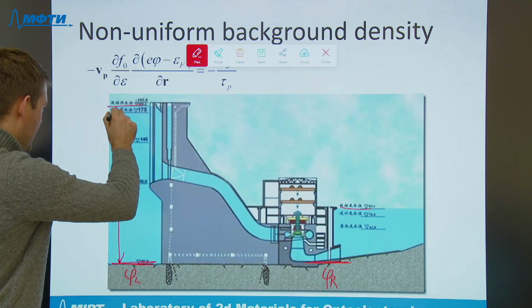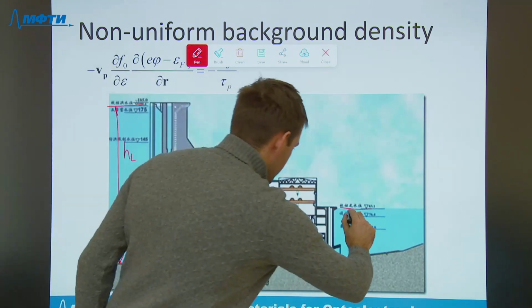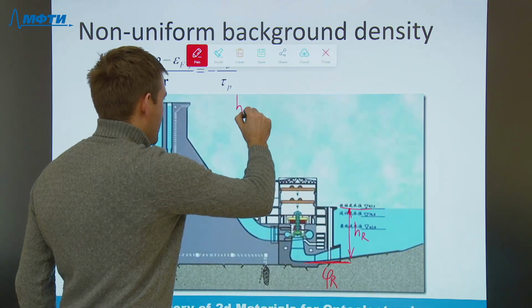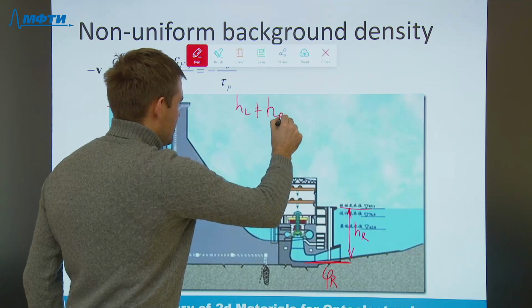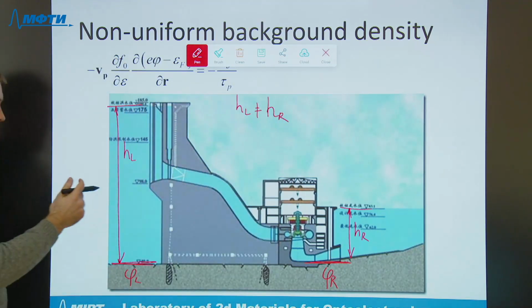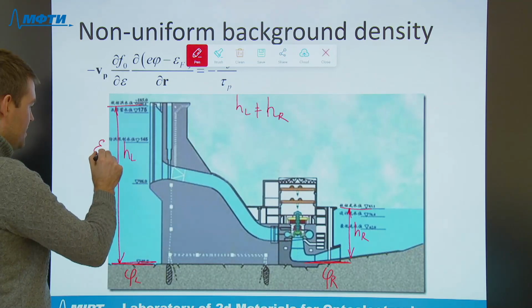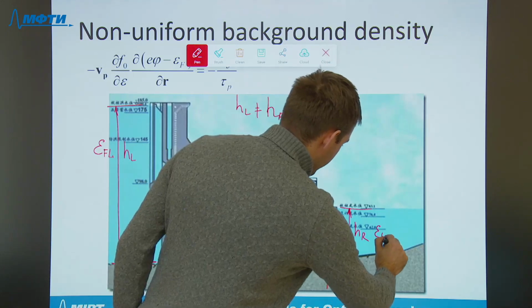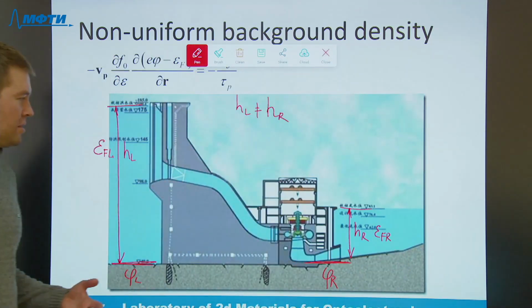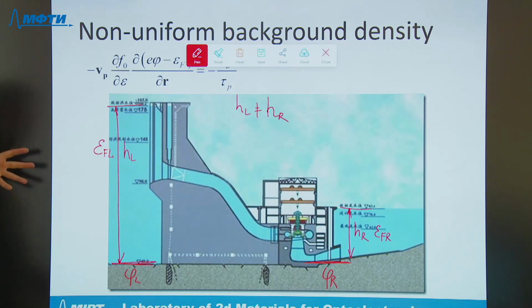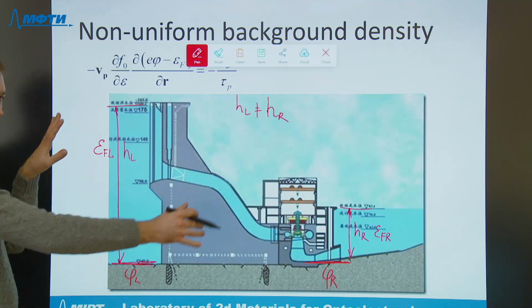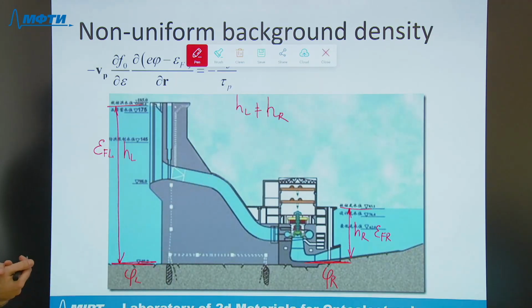So the height at the left is not equal to the height at the right, and it is equivalent to the presence of diffusive flux in semiconductors. You can associate these heights with Fermi energies, EFL and EFR. They are not equal to each other, so you can expect overall diffusion from left to the right.